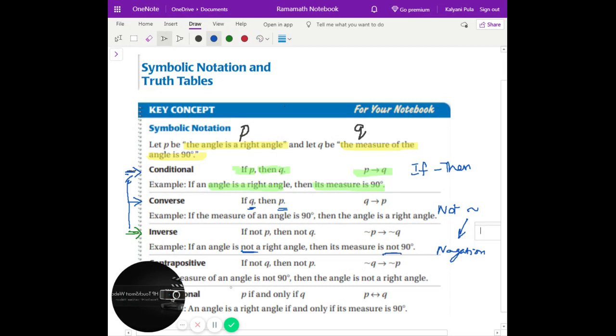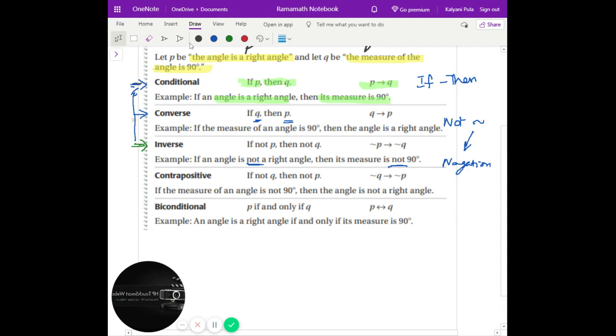The next one is the contrapositive. The contrapositive is the same thing, but we flip the inverse. Sorry, not the converse, we flip the inverse, and then we get the contrapositive. Lastly, the biconditional, which we learned as double implies.